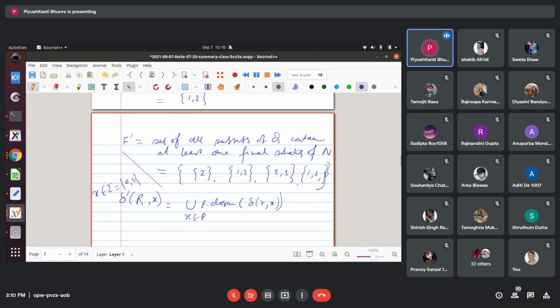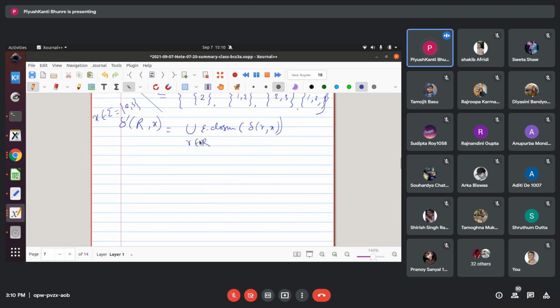So x belonging to sigma, R belonging to R. So here I shall use this one to basically determine all the transitions, right?